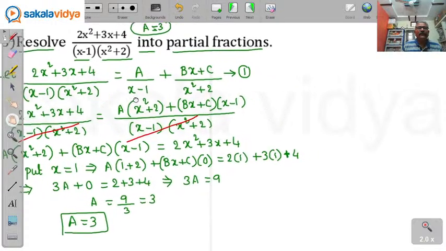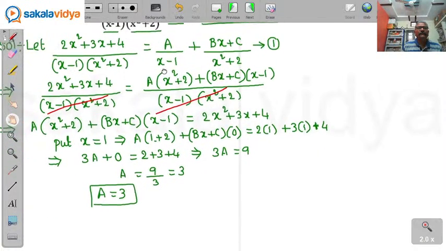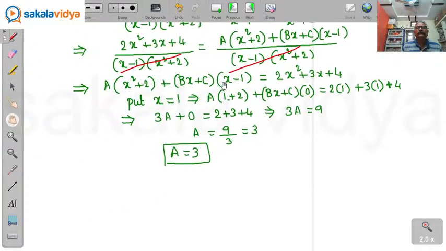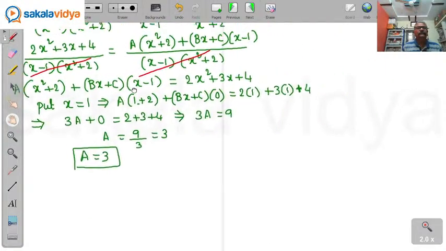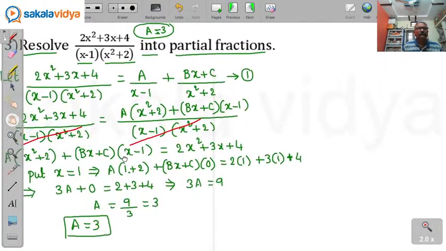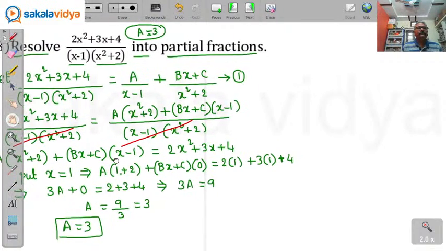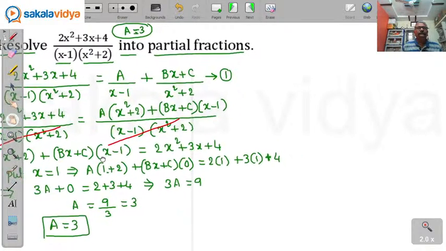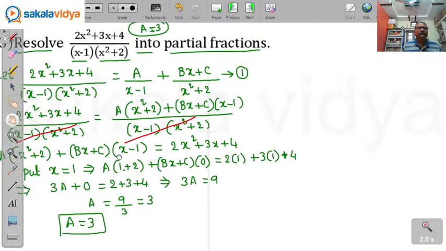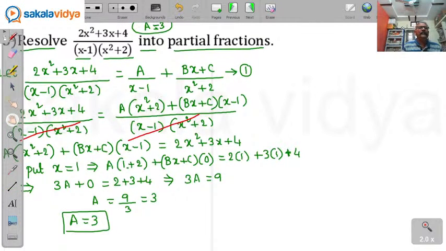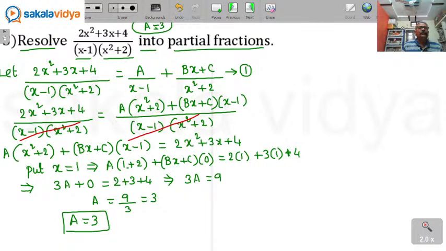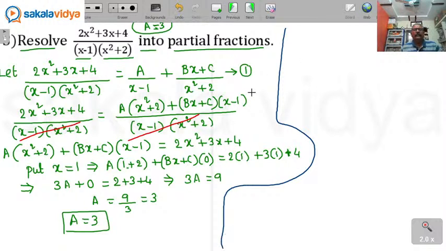So now let us find out, right, one minute. Let me move to the further step. Next we need to find out the remaining values. So now we need to simplify this one.